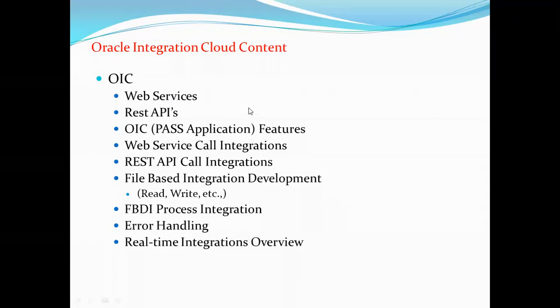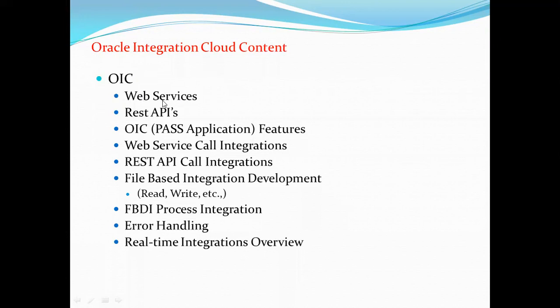All business services are provided in the form of web services and REST APIs. By using these, third-party systems have the capability to invoke our web services and REST APIs in order to push data as a real-time process. In order to perform real-time transactions, we use web services and REST APIs through the OIC application.